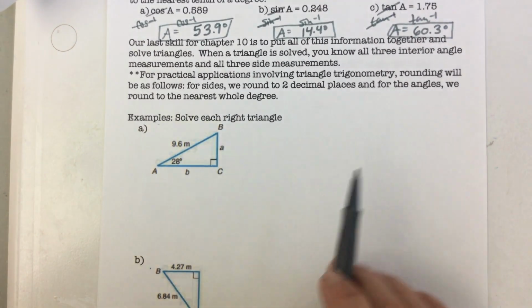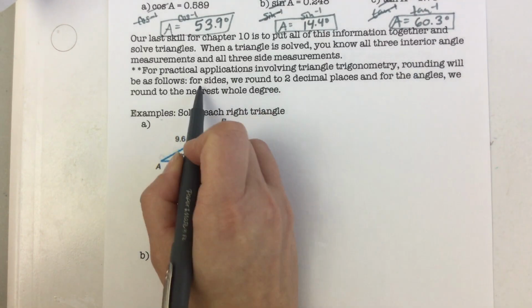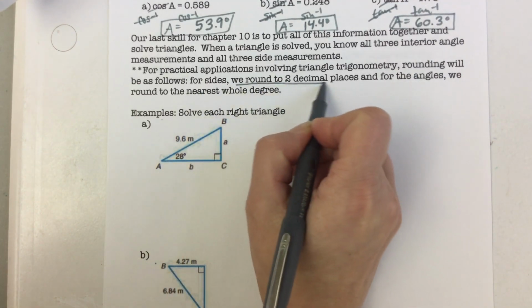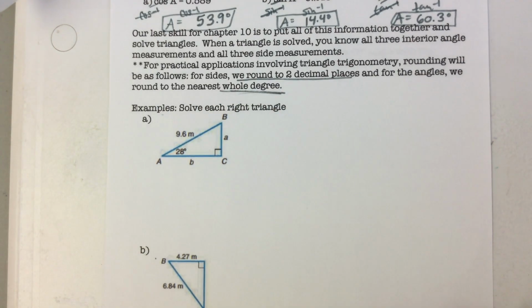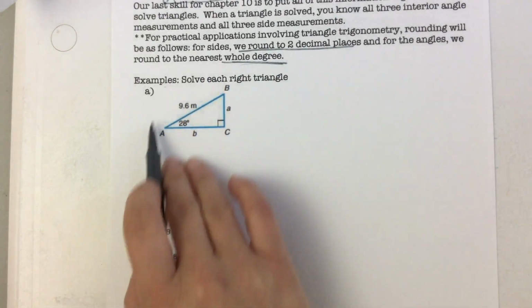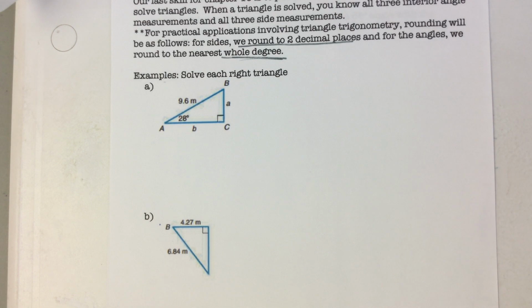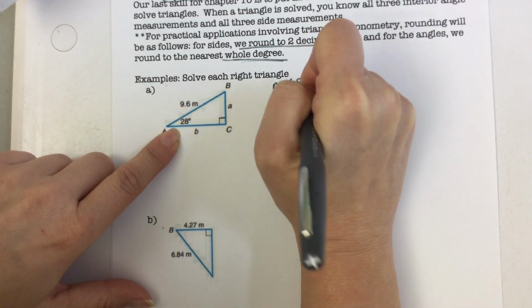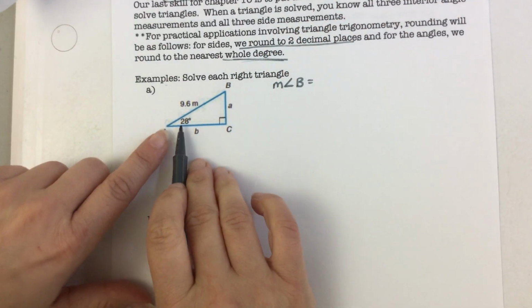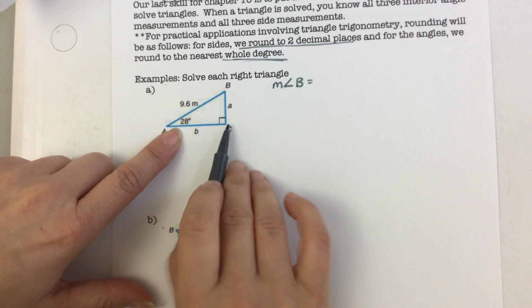It says what we're going to do for rounding. For the sides, we are going to round to 2 decimal places. For the angles, we're going to round to the nearest whole degree. So if I am trying to solve this triangle, the first thing that I try to do is figure out the interior measurements. Every single triangle always has to add up to 180. So right now, I do not know the measurement of angle B. The measurement of angle A is 28 degrees.